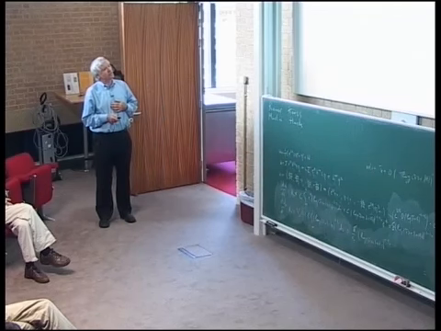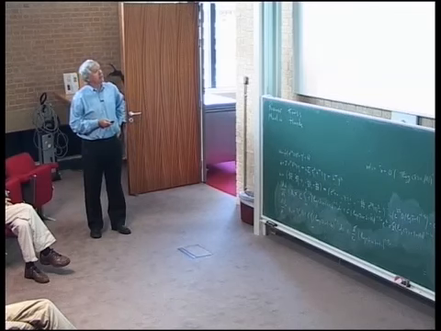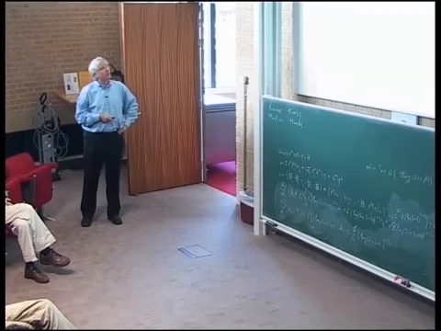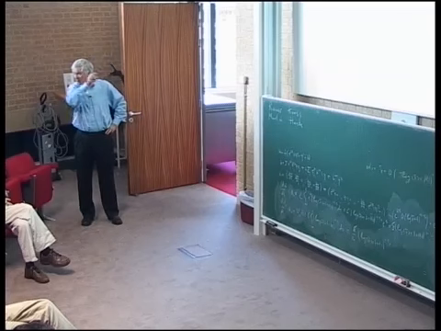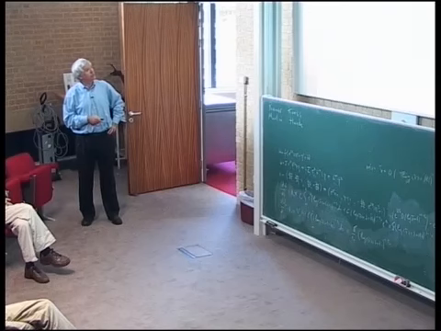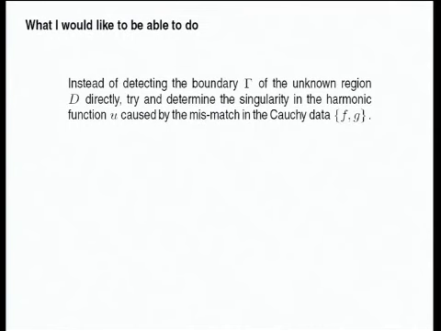So how about the source functions case? As I said, if D is star-like, you're in good shape. Otherwise, some reasonably minor assumptions, which you have to make, of course, is that uniqueness also holds. So this looks good. And here's what I want to be able to do. First of all, instead of detecting the boundary of D directly, I want to determine the singularity of the mnemonic function that matches that Cauchy data.